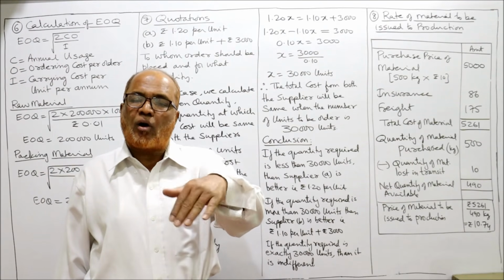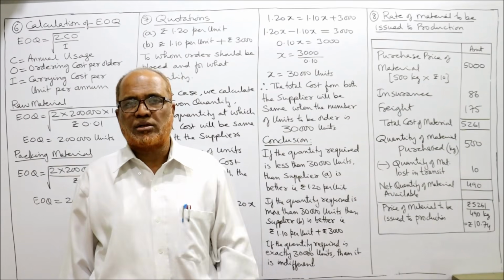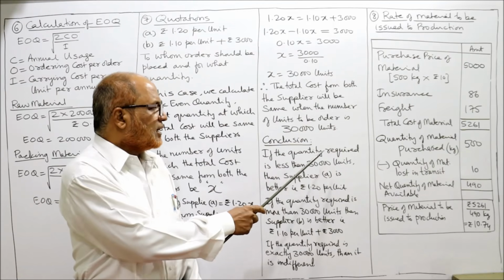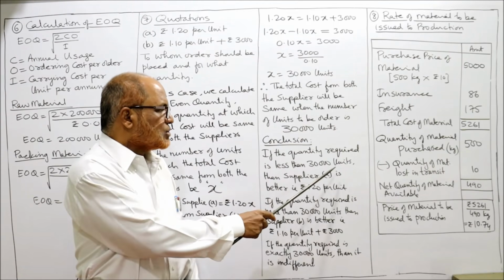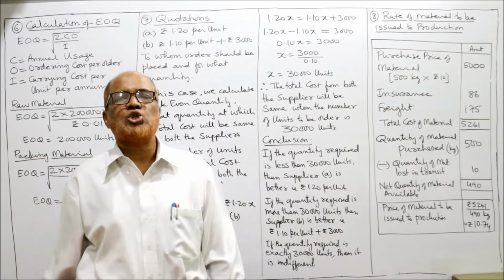Now, what will happen if we order less than 30,000? What will happen if we order more than 30,000? Now, I have given the explanation, the conclusion. If the quantity required is less than 30,000 units, then supplier A is better, that is 1.20 per unit.